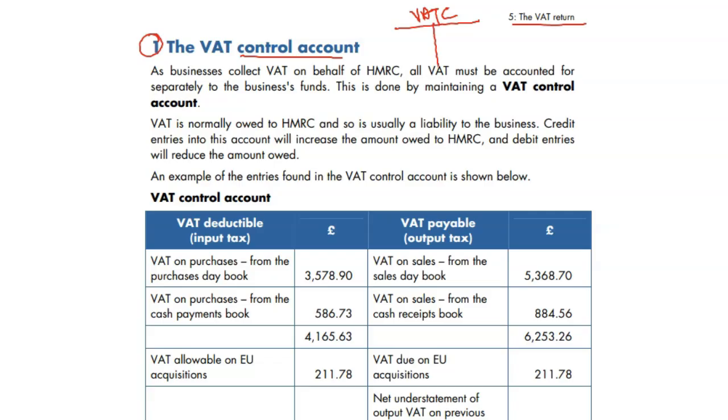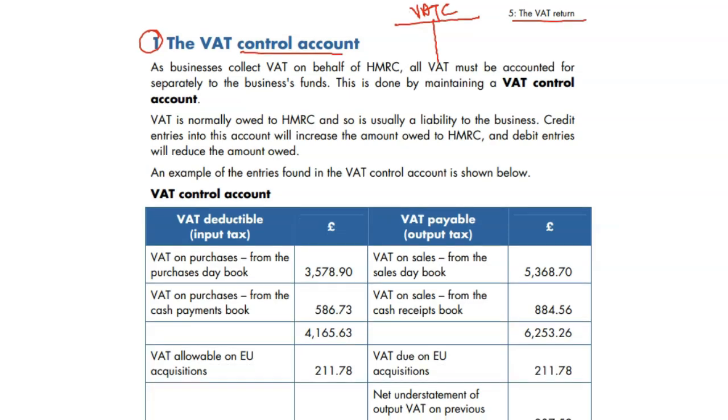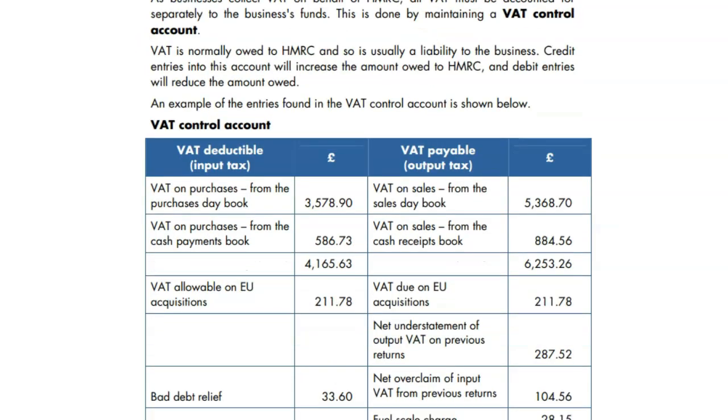All the debits and credits of the VAT, input and output VAT, you're going to put in this particular account. This is the T account, debit side, credit side. Do remember, output VAT or income VAT, sales VAT, or reduction in expense, you can call it.